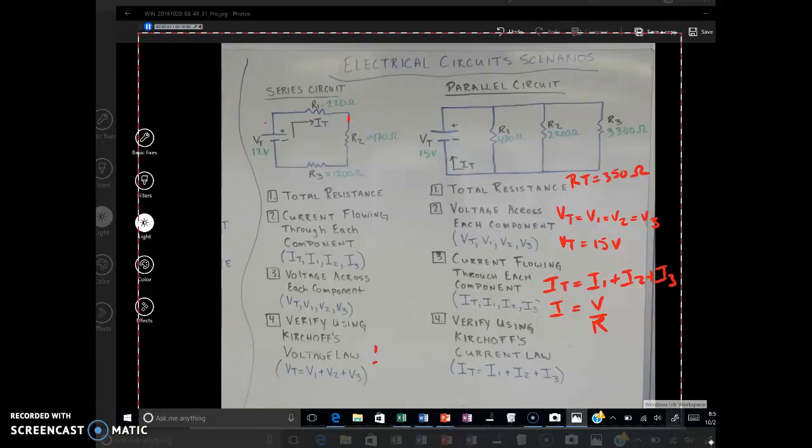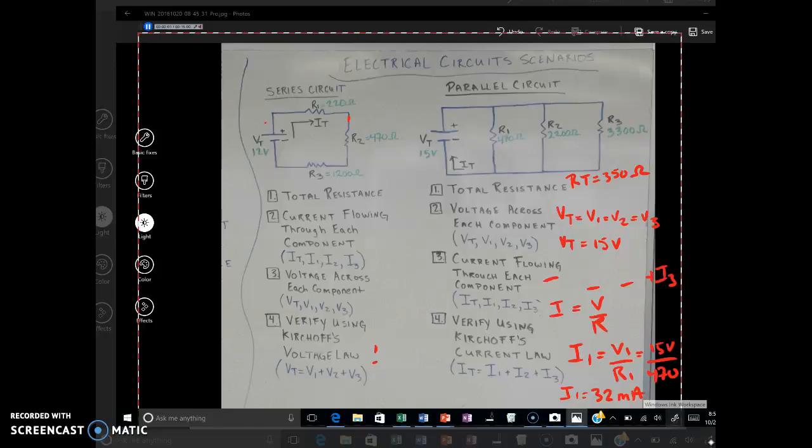So let's just do the first one. I1 will give you V1 over R1, and we know that V1, because we solved it, was 15 volts, and we know that R1 is 470 ohms, and that's going to give you an I1 equal to 32 milliamps.